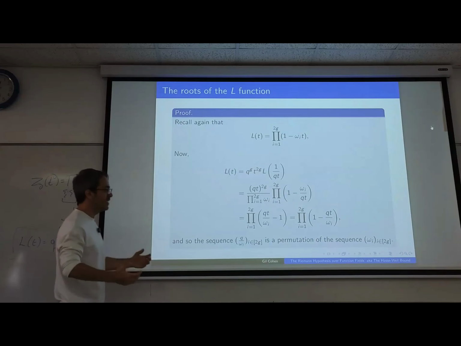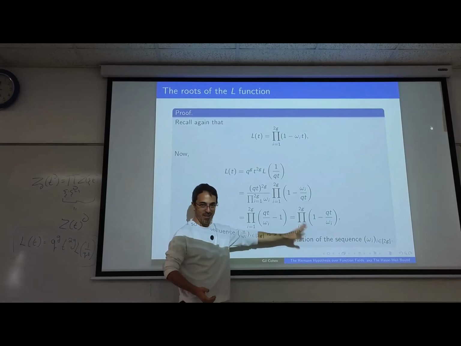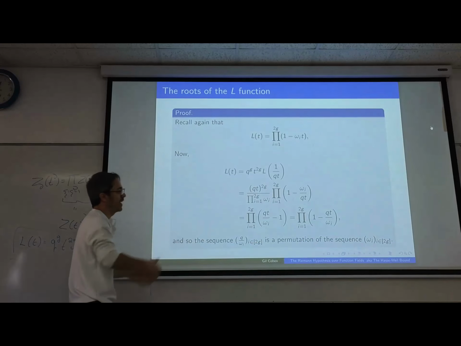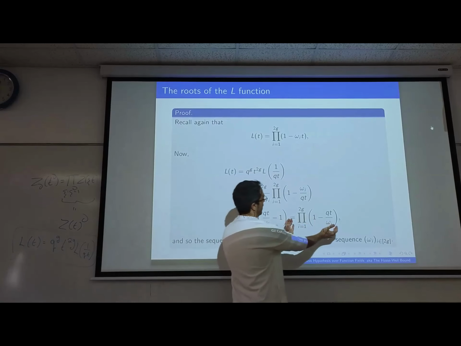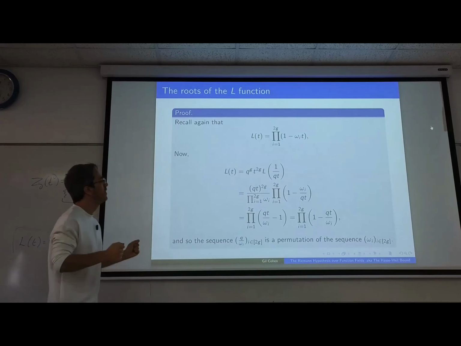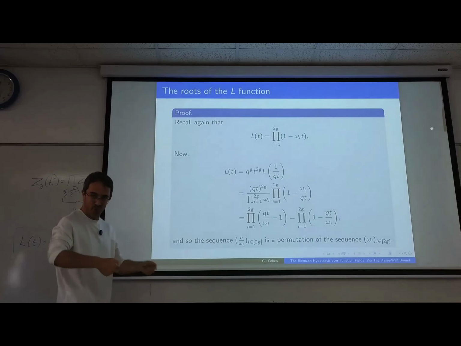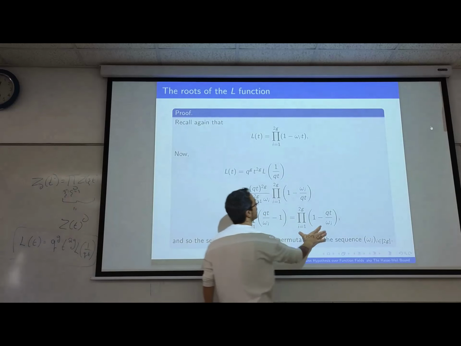And I'm doing a fantastic transformation where I multiply everything by -1, 2g times. Same thing. It's like -1 to the 2g, but it's the same thing. And now when you stare at it, you see that by sending omega i to q over omega i, you just permuted things around. Because it's exactly the same thing.